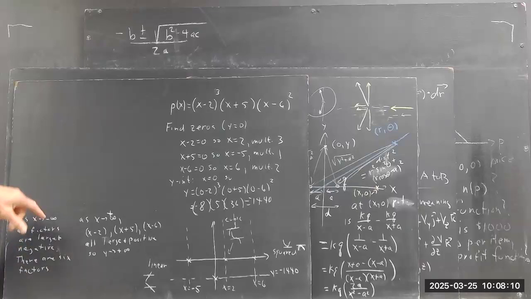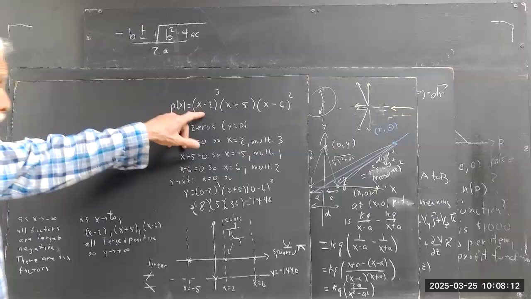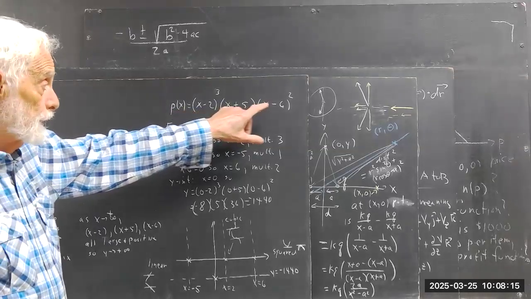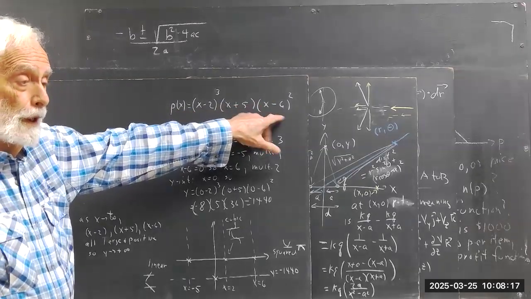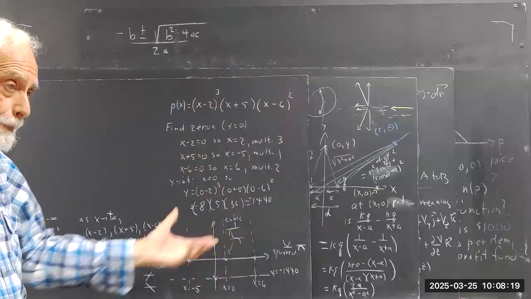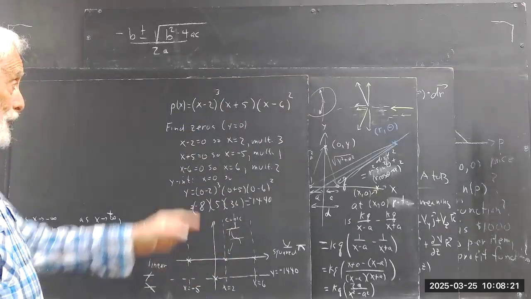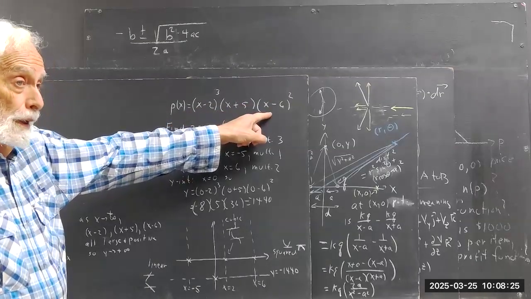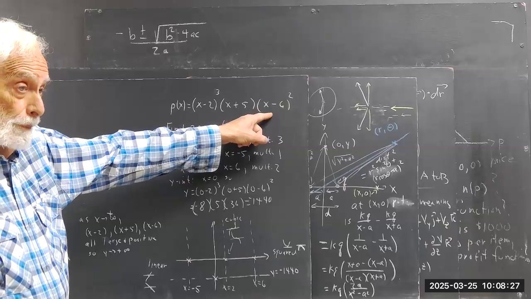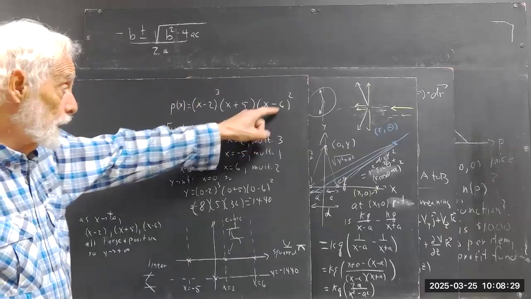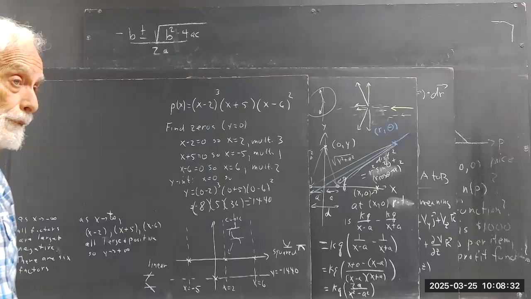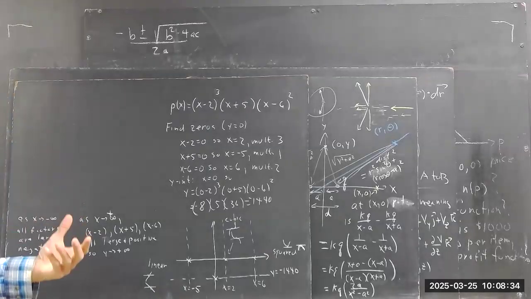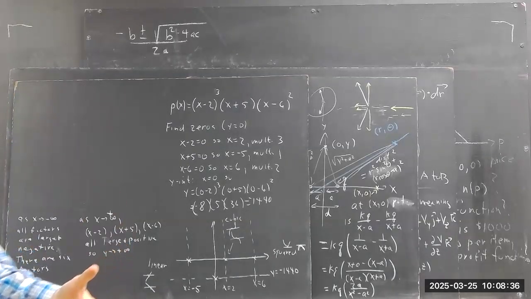So as x goes to negative infinity, x minus 2 is negative, x plus 5 is negative, x minus 6 is negative. Just imagine x is negative 1,000,000. Then that's going to be real close to negative 1,000,000, and that's going to be close to negative 1,000,000, and that's going to be close to negative 1,000,000. Now, of course, then that's going to get cubed and that's going to get squared. So we have 6 factors and they're all negative.